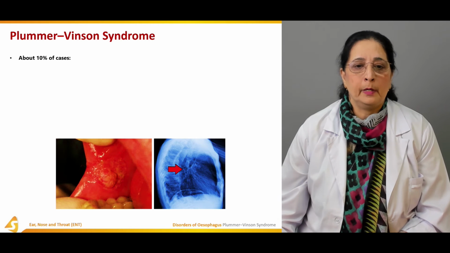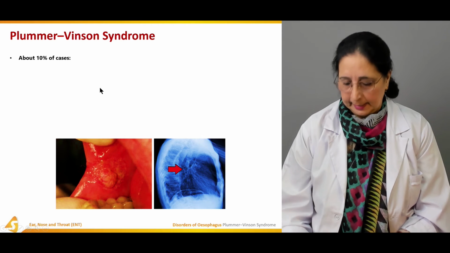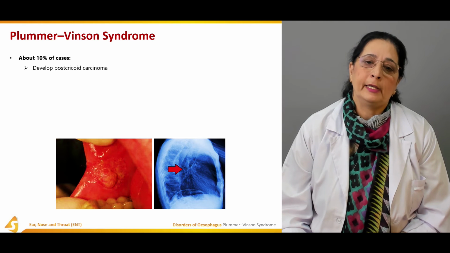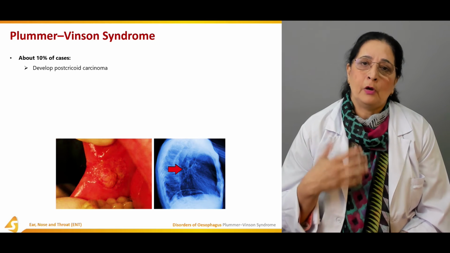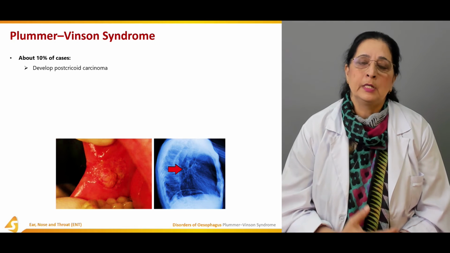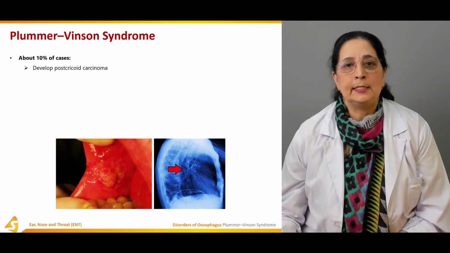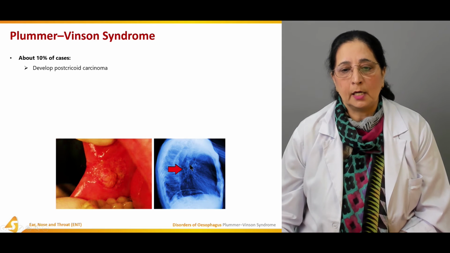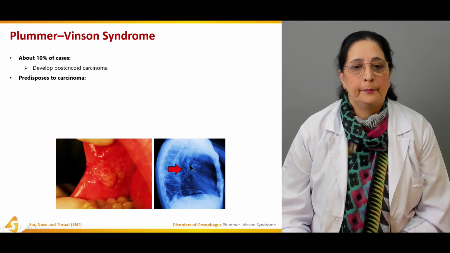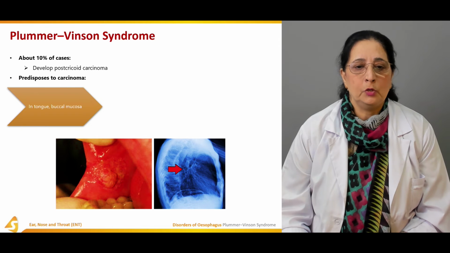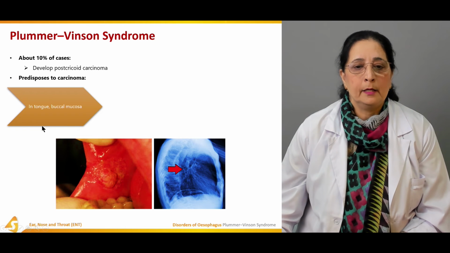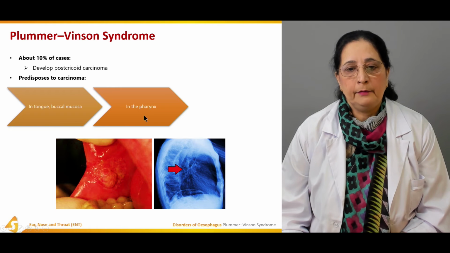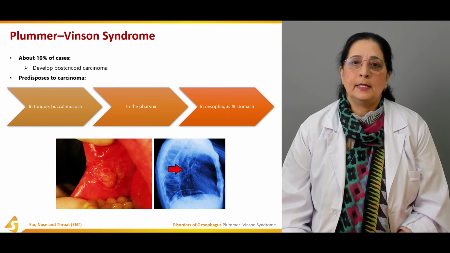In Plummer-Vinson syndrome, about 10% of the cases usually develop post-cricoid carcinoma. So esophageal webs are produced, and in 10% of the cases these webs can progress to carcinoma. It predisposes to carcinoma in the tongue, buccal mucosa, pharynx, esophagus and stomach.